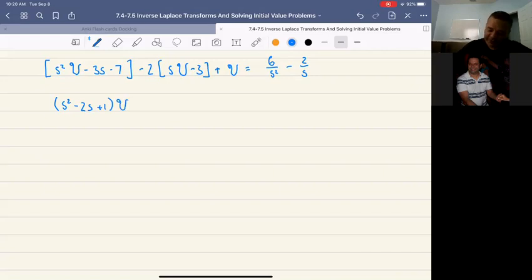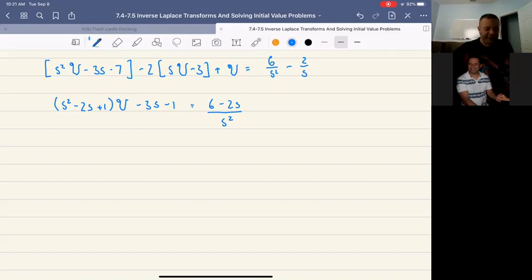Now I'm going to have minus 3s minus 7 plus 6, which leaves us with negative 1 again. Don't worry, I won't subject you to my terrible joke again. I'll just remind you of it. And now the 6 over s squared minus 2 over s, I'm going to combine those together. So I'm going to write that as 6 minus 2s over s squared. I just find that when I'm doing these, it's a lot easier to do this way.